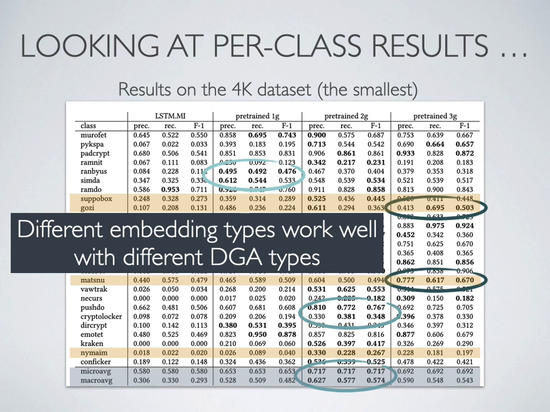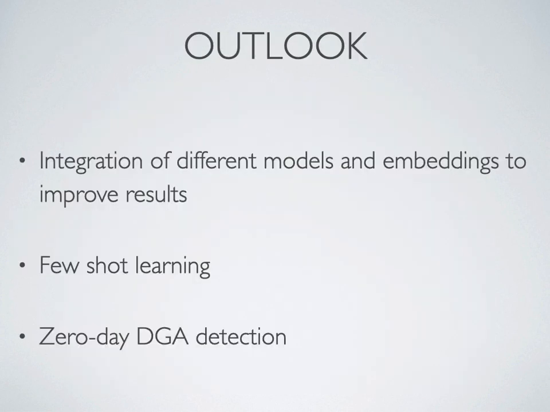So different embedding types work well for different DGA types. This suggests possible improvement. And actually, as part of future work, we plan to ensemble these different models, combining different kinds of embeddings to further improve the results.